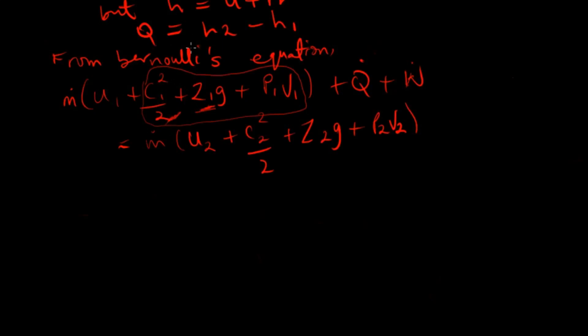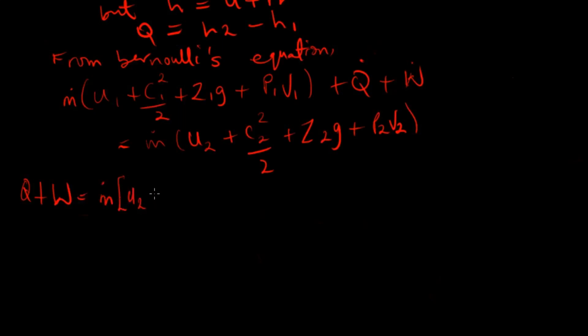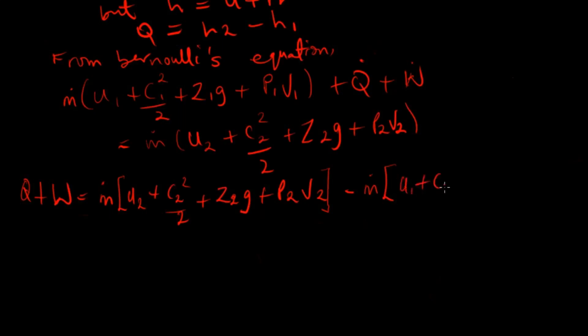I'm going to clean this right now, and arranging this, we have that M into bracket U2 plus C2 squared over 2 plus Z2G plus P2V2, minus M, the mass flow rate, which doesn't change, so we have this over here too.